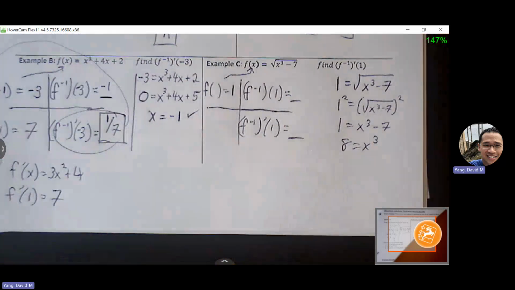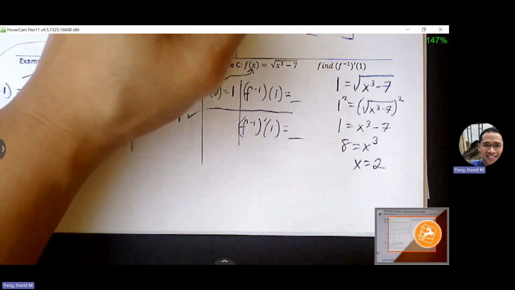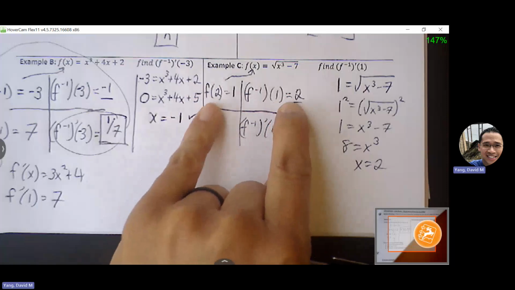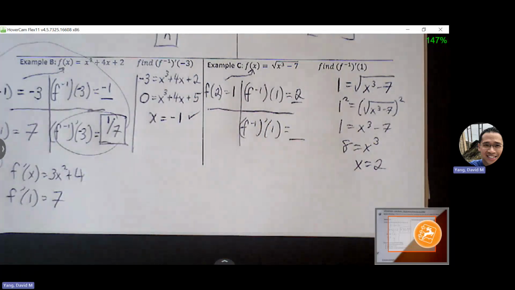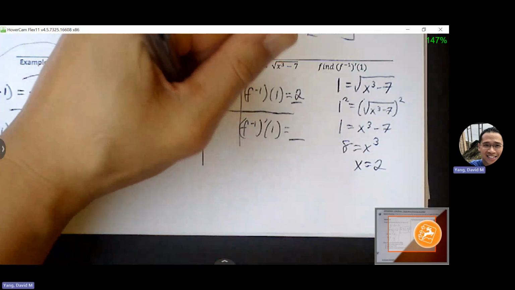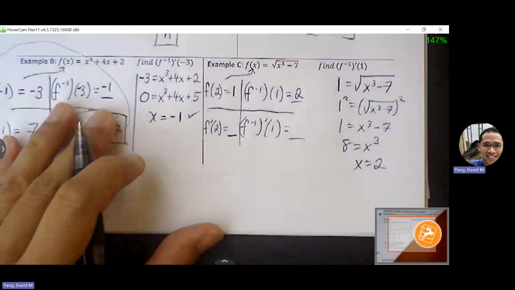X must be equal to what? 2. Okay. So I'm going to fill out my chart here. I really don't have to fill this one out, but it's just nice for us to visually see, okay, my ordered pairs are flip-flopped. I should be able to see that relationship. So now, if I can find f prime of 2, then I'm basically near the end of my problem.